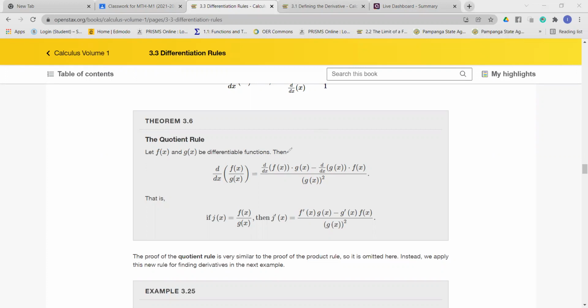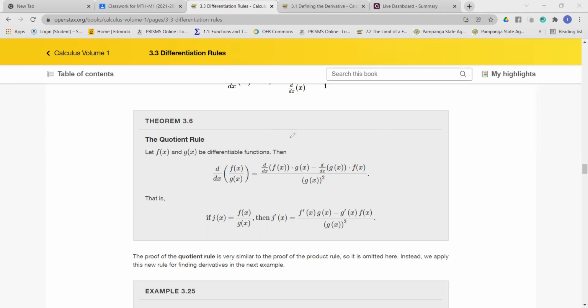The derivative of the numerator times the denominator minus the derivative of the denominator times the numerator. Dito, hindi pwede magkabaliktad kasi minus yan. So, laging mauna yung derivative ng numerator bago nyo kukunin yung derivative ng denominator. Kaya, or sinasabi natin na low, your denominator, times derivative of the high minus the high or the numerator times derivative of the low over low squared.